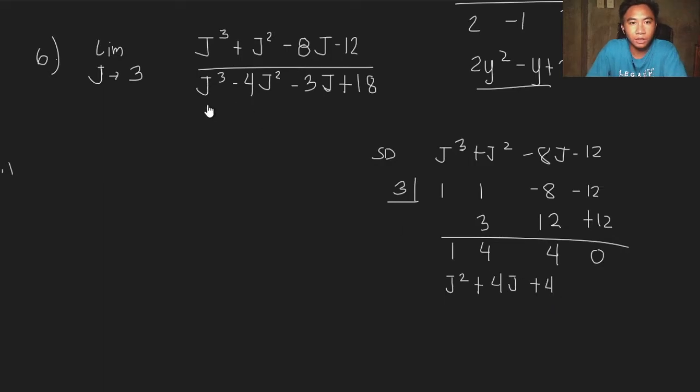And then, yung isa na example, j cubed minus 4j squared minus 3j plus 18.